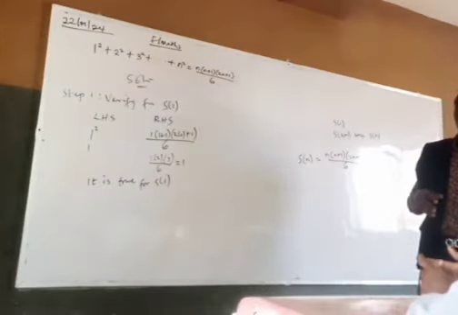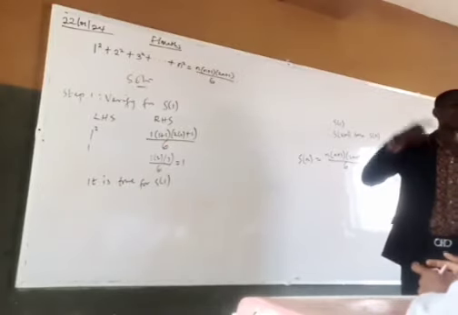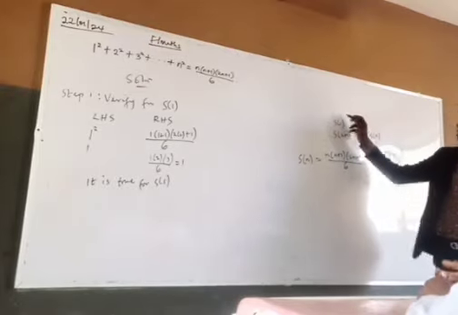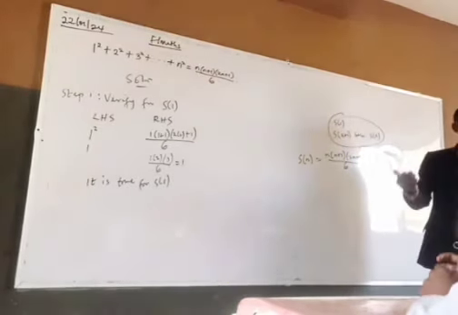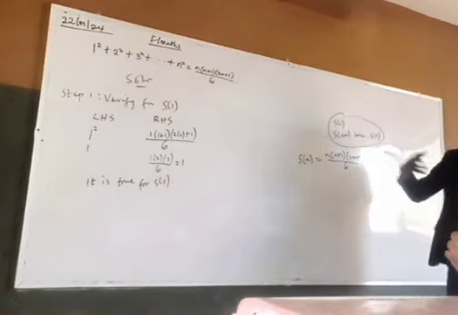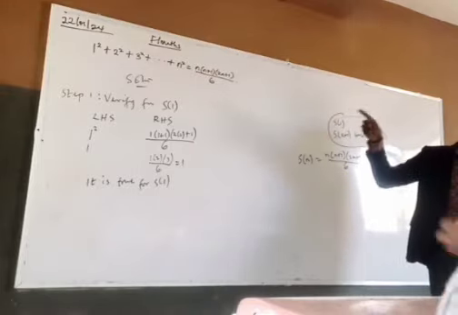Now, what I will do is to check for S of 2. Why do I need to check for S of 2 when it is not stated in the theorem? I will check for S of 2 so that when I'm going to prove for S of k plus 1, I will be sure of what I'm doing, to be certain that this formula is truly correct.